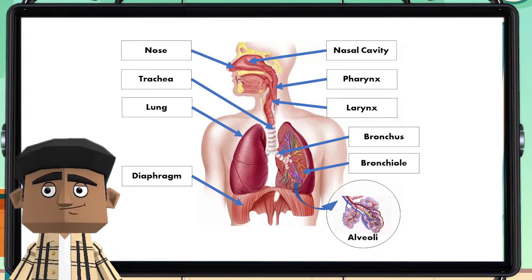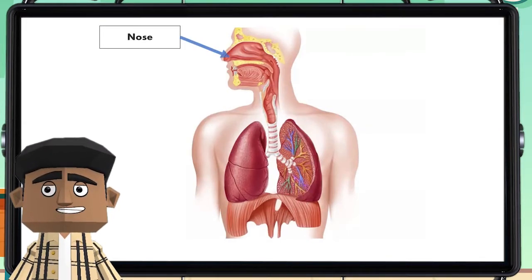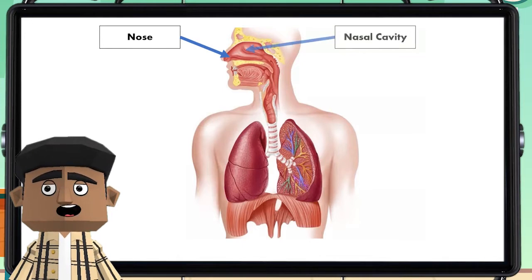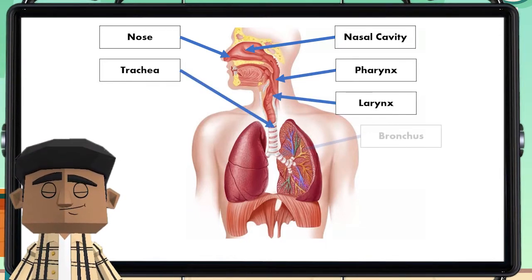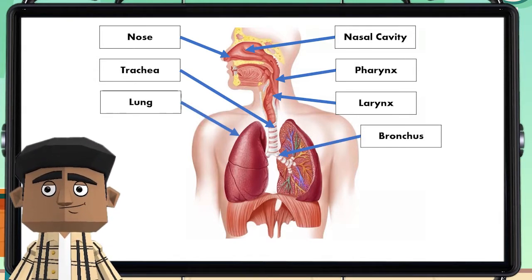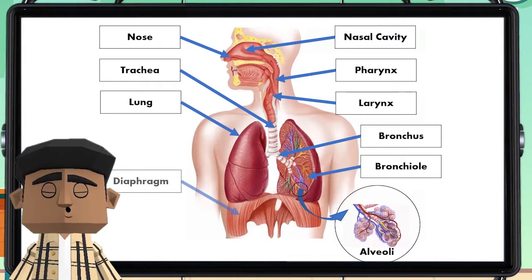Let's do it again. The parts of the respiratory system are the nose, nasal cavity, pharynx, larynx, trachea, bronchus, lung. Inside the lungs are the bronchioles. At the end of the bronchioles are alveoli and the diaphragm.